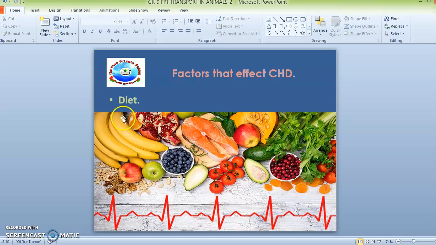The next one is diet. Diet is also a factor that leads to coronary heart disease. There is evidence that a diet high in salt, saturated fats or cholesterol increases the chances of getting CHD.